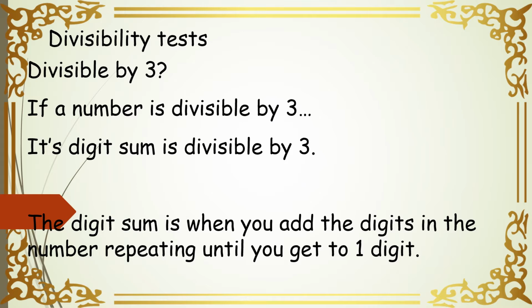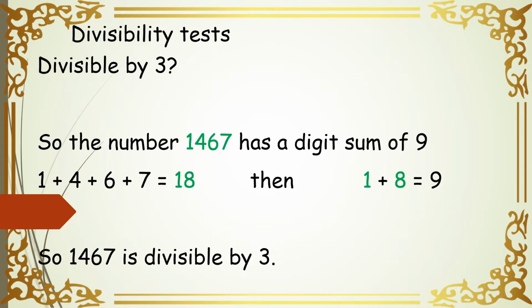You have to sum all the digits in the given number, and once you add it, you have to keep adding until you get a one-digit number. If we get 10 or 12, then we have to add the digits again, 1 and 2, until you get a one-digit number. The example I've taken is 1467.